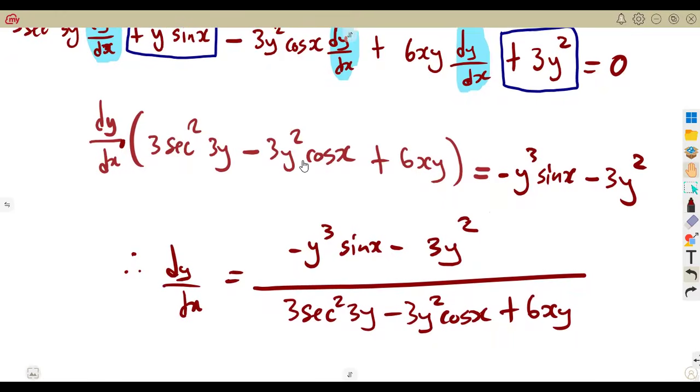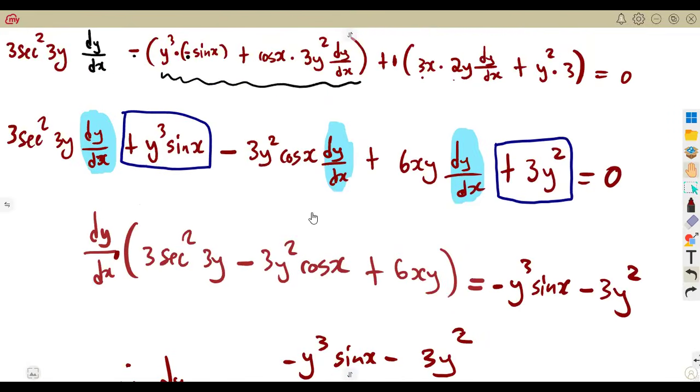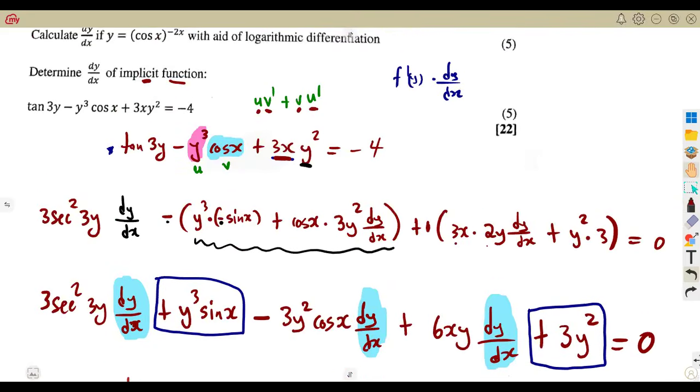So take note, guys, on your simplification, as we saw here on the tan there, the derivative of tan 3x is 3 sec squared 3x. The 3 there has to affect. Only that this one, it was part of y, so we have to find the derivative, then dy/dx.